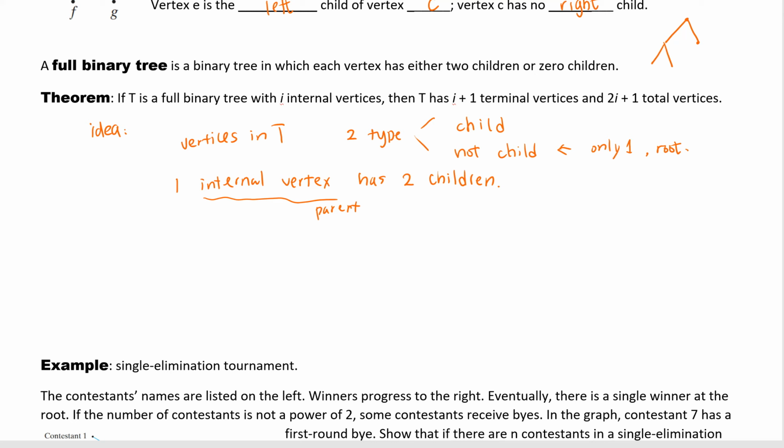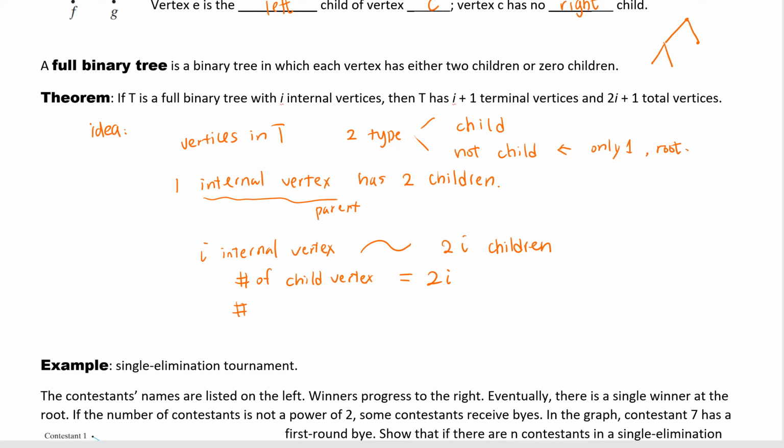That's why if we have I internal vertices, that corresponds to 2I children. So the number of vertices that are children equals 2I.